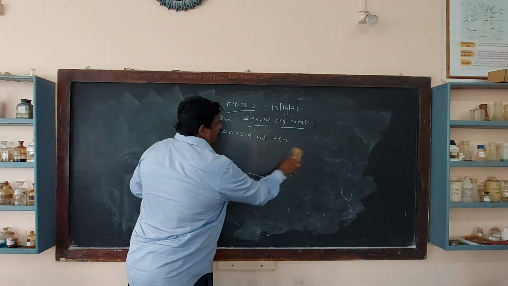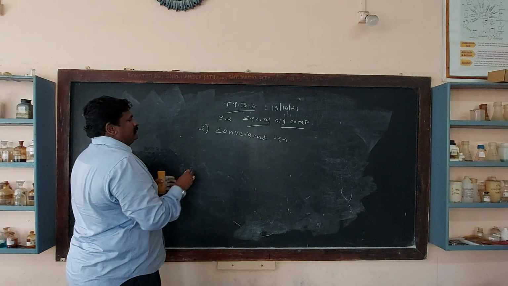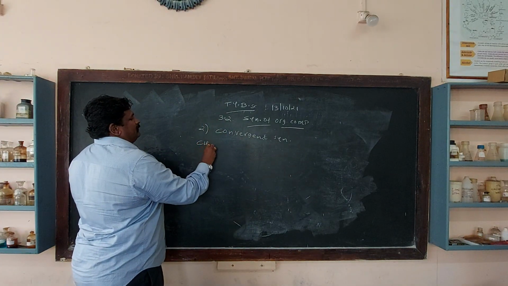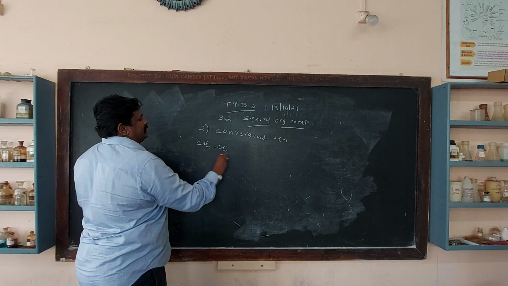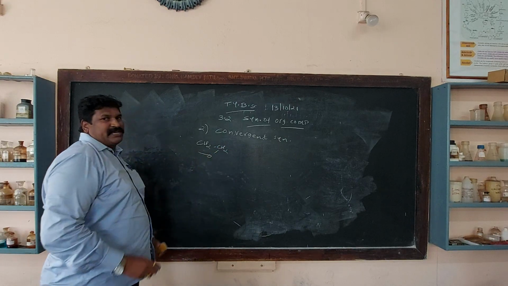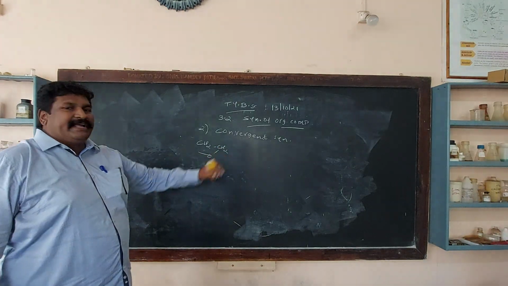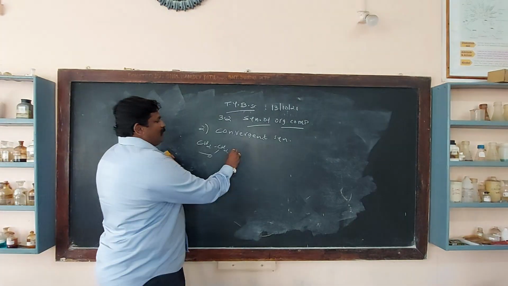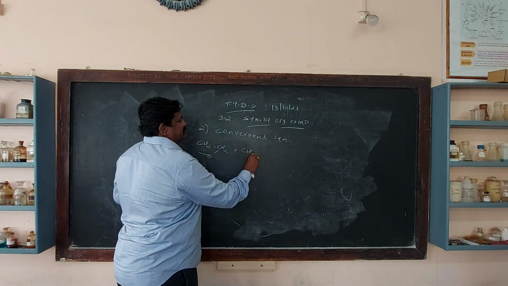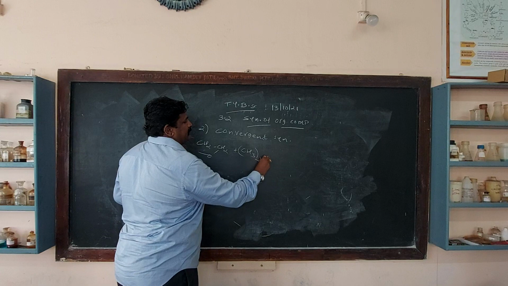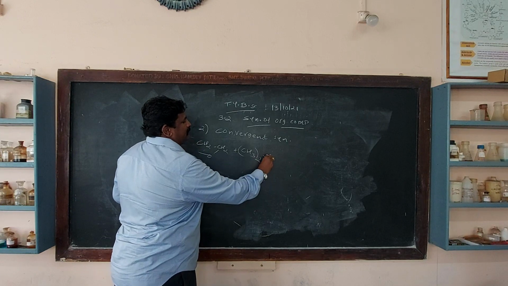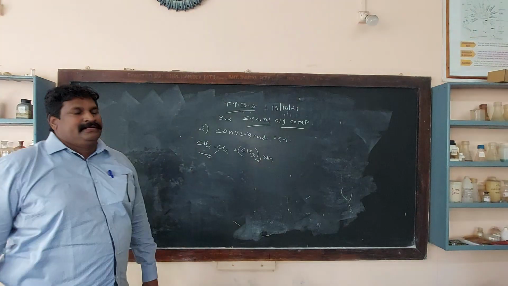For example, epoxide reacting with dimethylamine, (CH3)2NH.